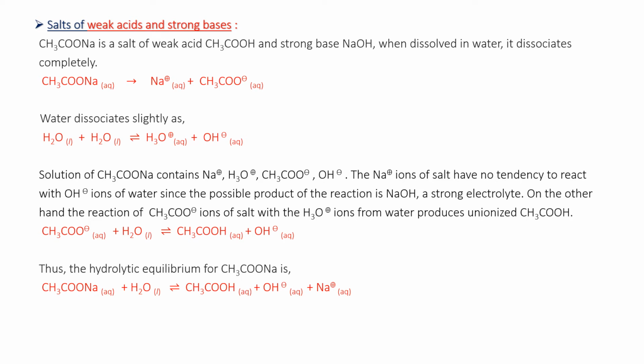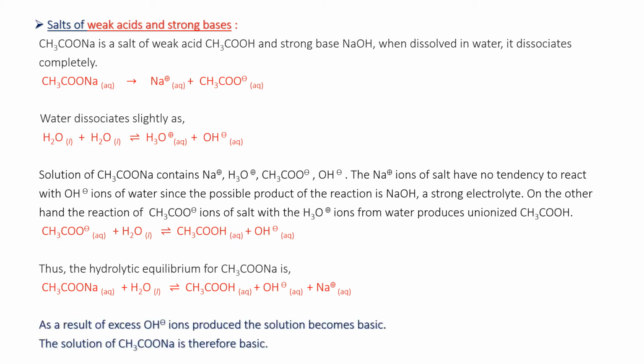So now what happened when you dissolve sodium acetate in water? What is your possible product? Acetic acid, Na plus and OH minus ion. So as a result, you get an excess of OH minus ion, and that's why your solution becomes basic.